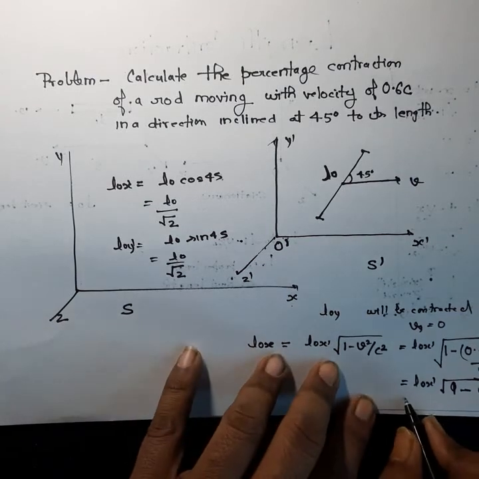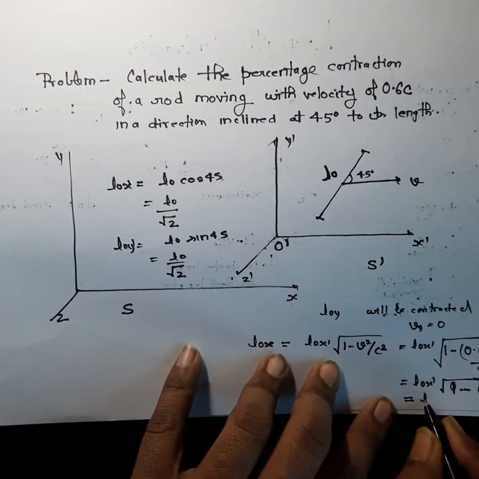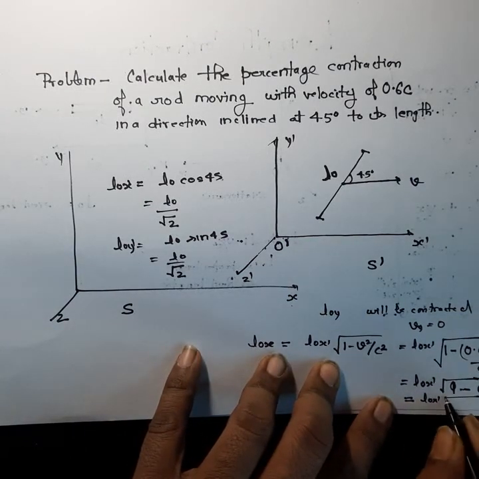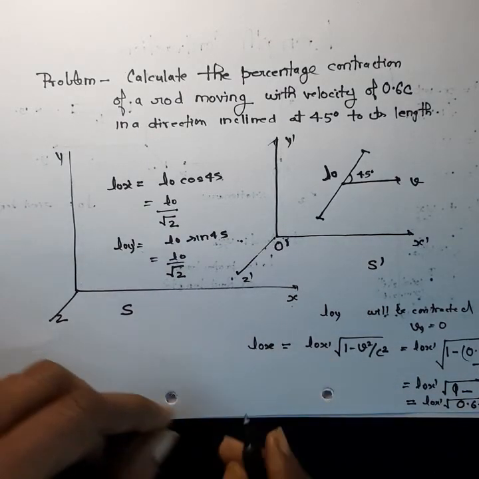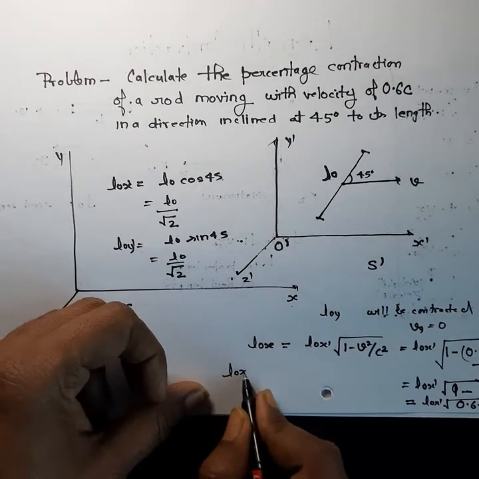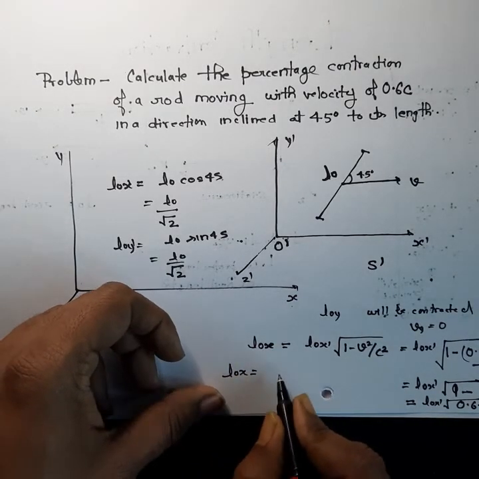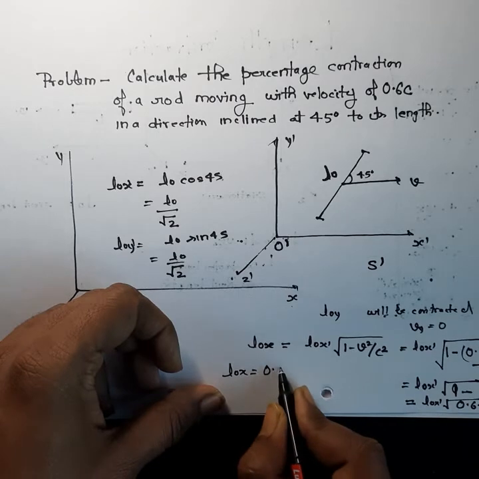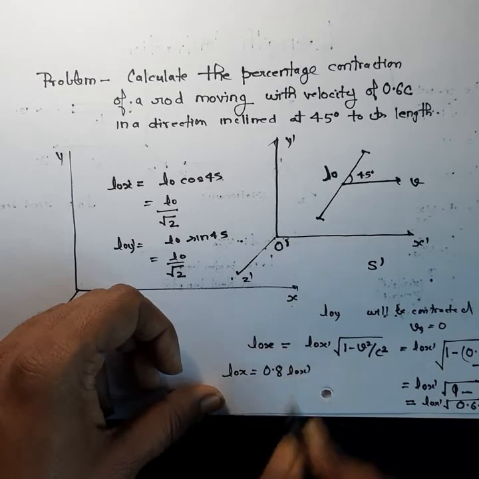Simplifying further, this is the square root of 0.64. So L0x will be equal to 0.8 L0x dash.